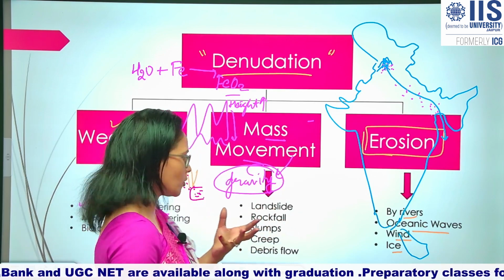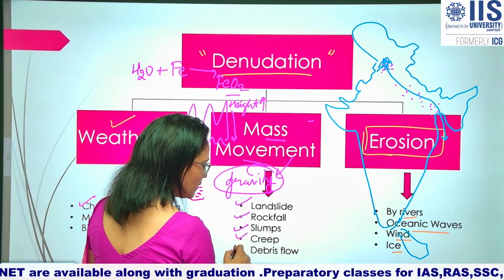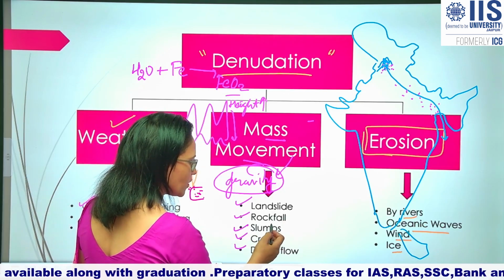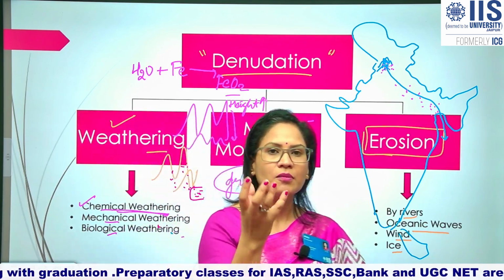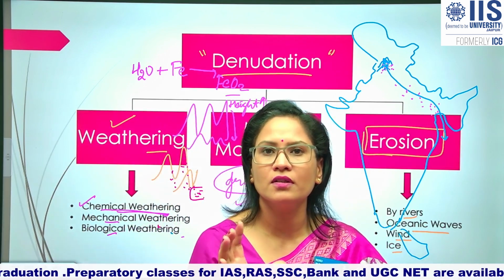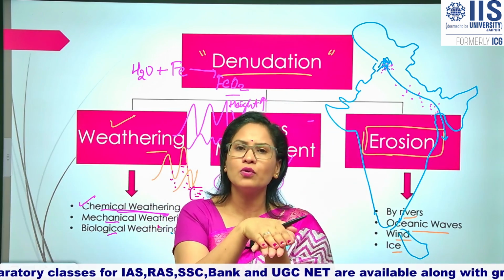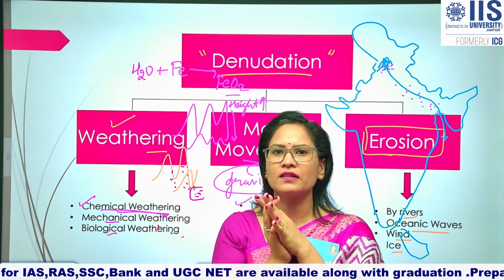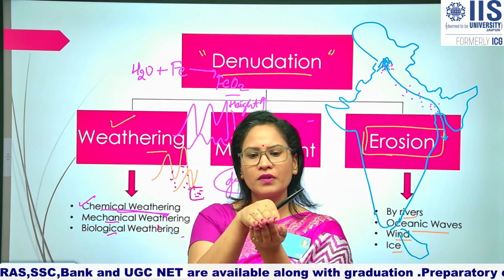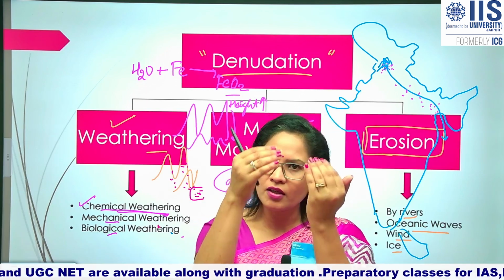It can be in the form of landslide, rockfall, slumps, creep, debris flow. Landslide and rockfalls are very popular terms. What does slumps mean? It means that some round shaped mountain blocks are moving downwards by force of friction, or when they are moving along with the other blocks of mountain, they are coming down due to gravity.